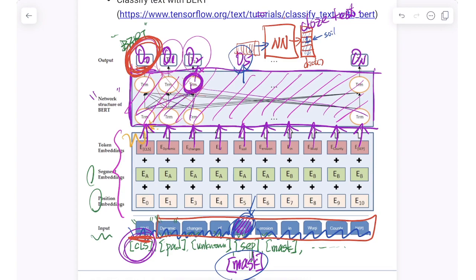So usually we use O0, the output of the CLS, as the embedding of the entire sentence, and we use O1, O2, up to ON as the output of the individual tokens.